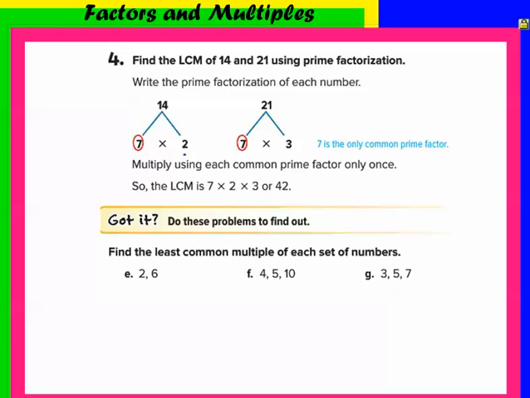I'm going to show you how you can do this with factor trees, but I want you to be careful because we use the factor trees with the greatest common factor as well. So in this case we have a problem where we're asked to find the least common multiple of 14 and 21. So I set up a factor tree for 14, so you see 7 times 2, both are prime numbers now, and 21 breaks down into 7 times 3.